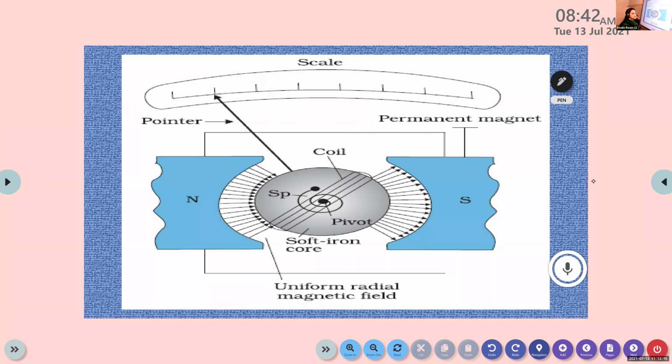And a spiral spring is pivoted at the bottom of the rectangular coil to produce a restoring torque.